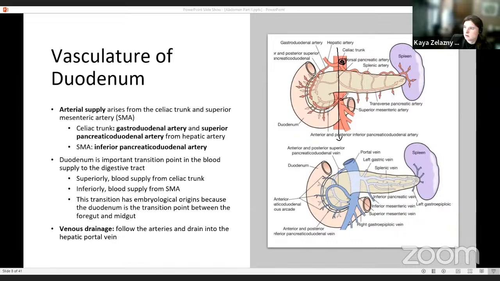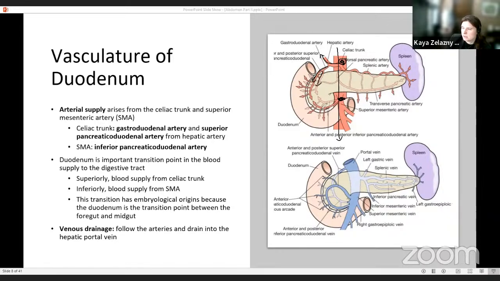So also a little bit from here. From the celiac trunk, we have our gastroduodenal artery and our superior pancreaticoduodenal artery that are branching off of our hepatic artery. Our first branch is here going to the liver, the hepatic artery, and then we have these branches down, supplying both duodenum and a little bit to the pancreas.